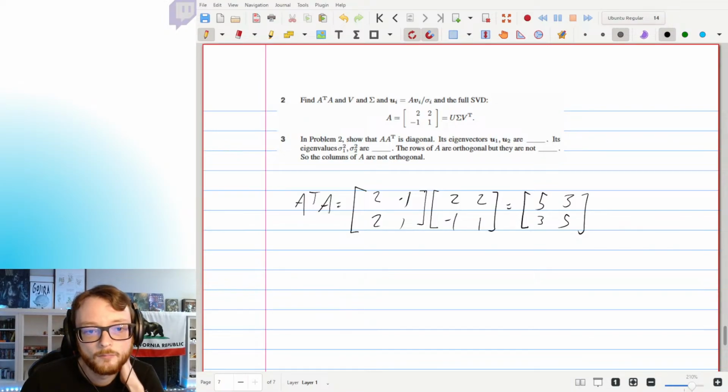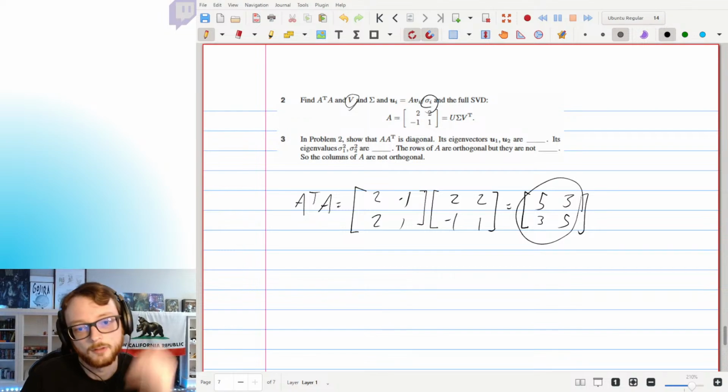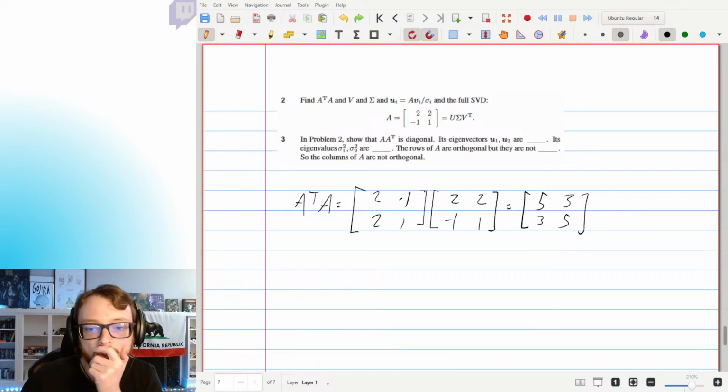And so the eigenvalues are sigma I squared. The eigenvectors, unit vectors, are V. So the eigenvalues multiply to 16 and add to 10. So 8 and 2 are the choices.